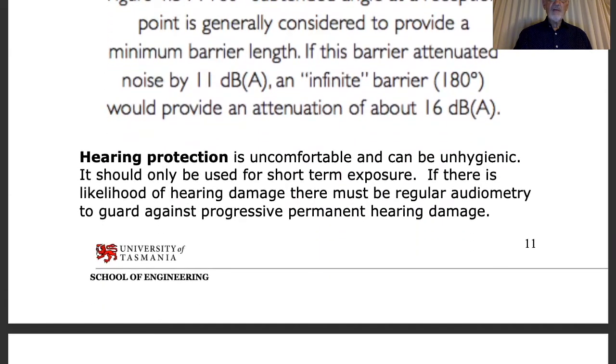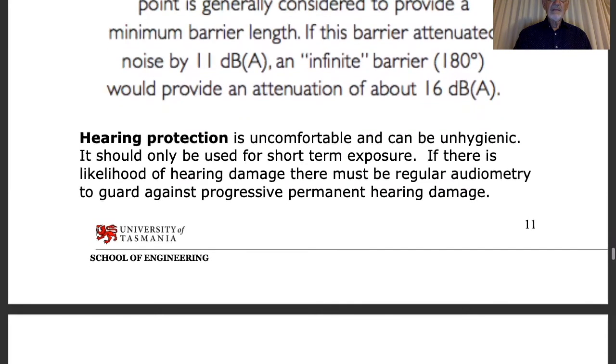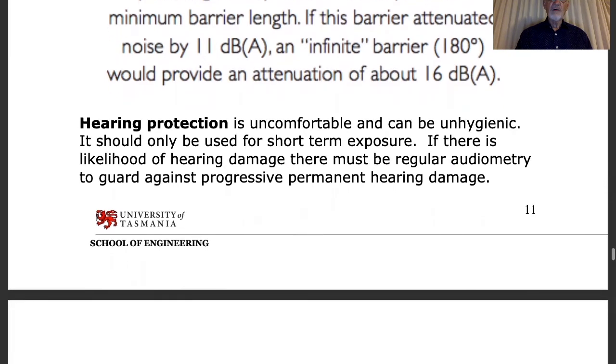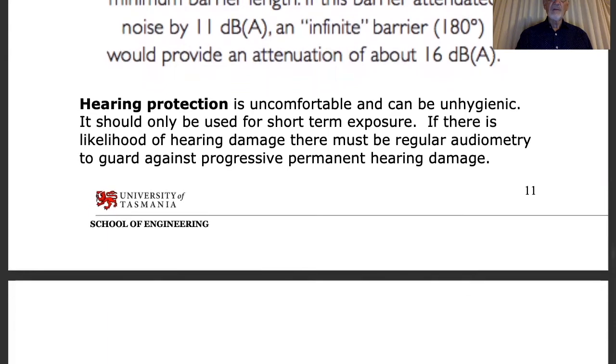Finally, hearing protection, I've just said something about it there. But particularly in an industrial situation, there are requirements to use hearing protection if your partial noise index gets above the required or the regulated level.